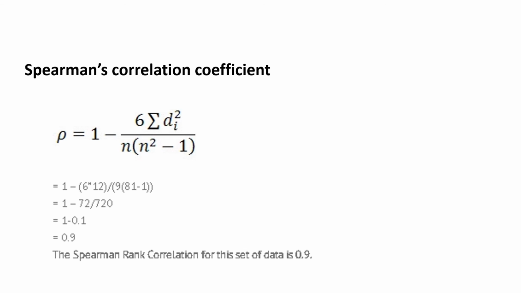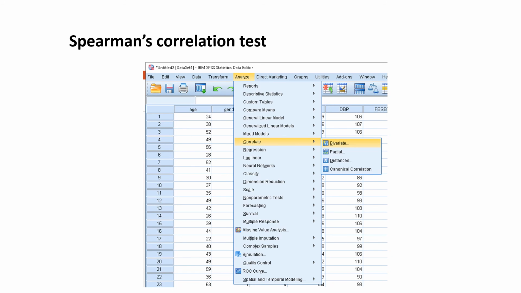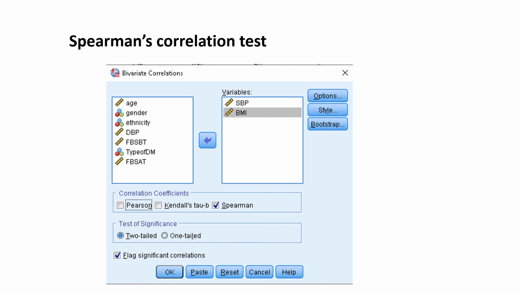Now we can see how to calculate in SPSS. In SPSS, you have to follow these steps: analyze, correlate, bivariate. There you select the two continuous variables, systolic blood pressure and body mass index. Two variables are selected.